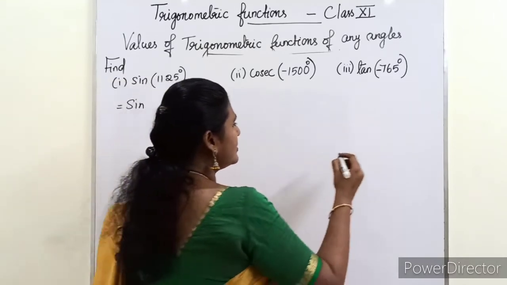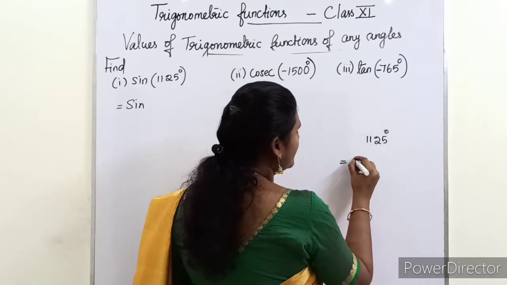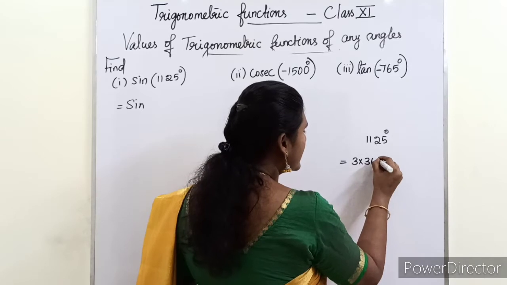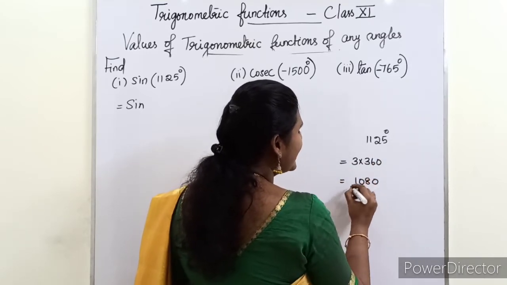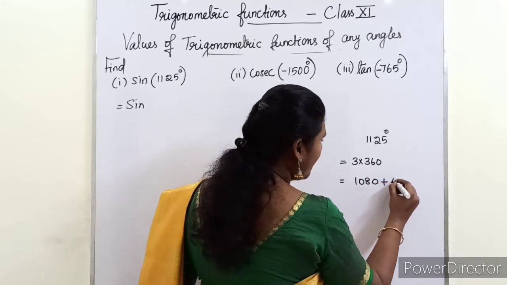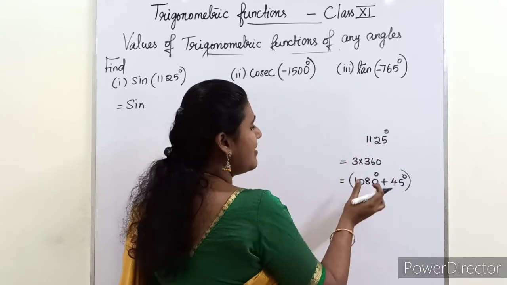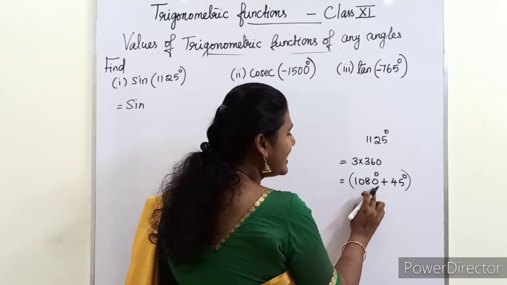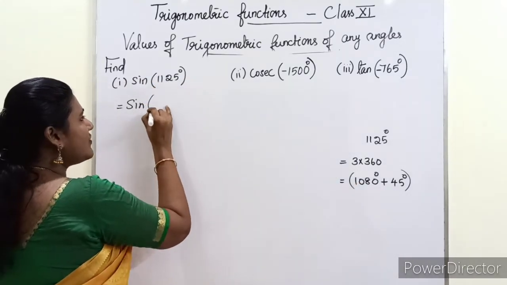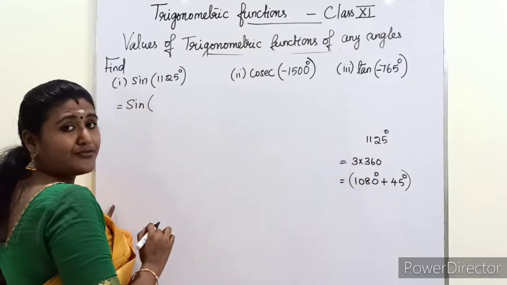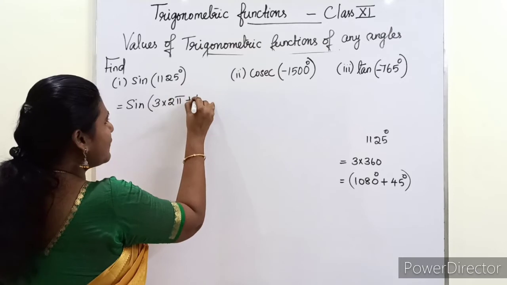So 1125, how can we write 1125? 3 into 360. 3 into 360 is 1080. So this 1125 we can express as 1080 plus 45. So we can write this as 3 into 2 pi plus 45.